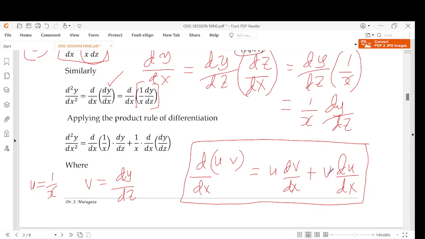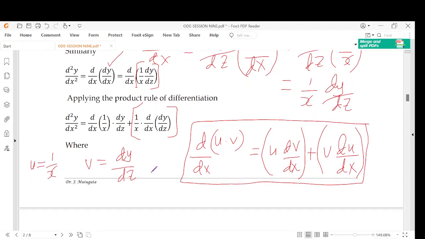The second term, which is v times du by dx, becomes v, which is dy by dz, times the derivative of 1 over x with respect to x. So we differentiate these terms.